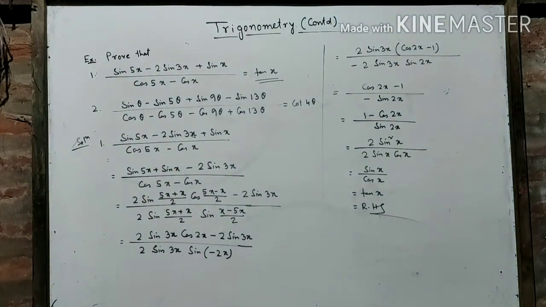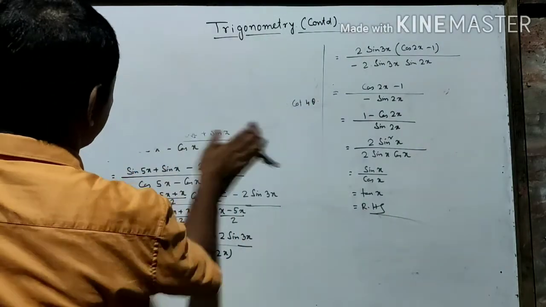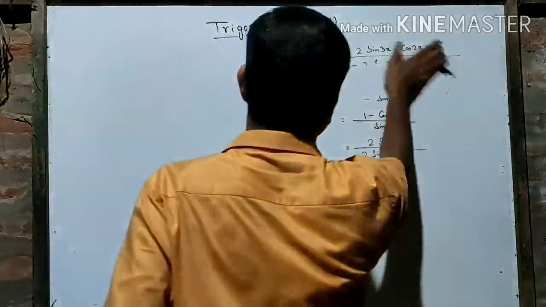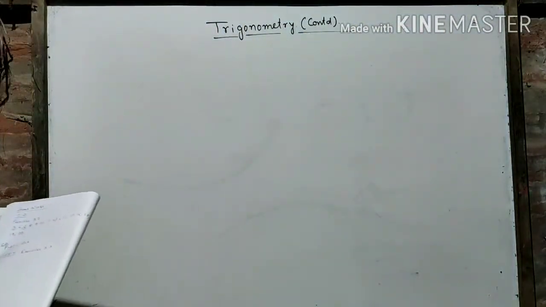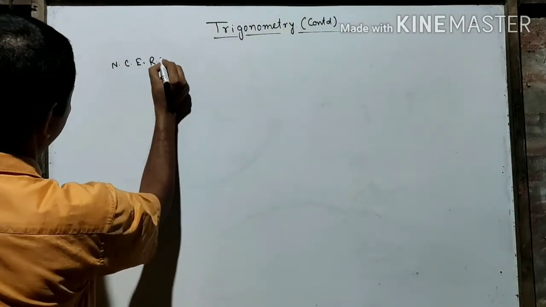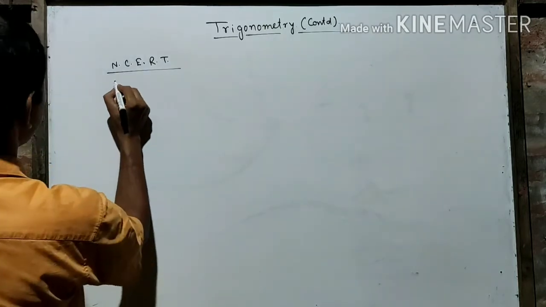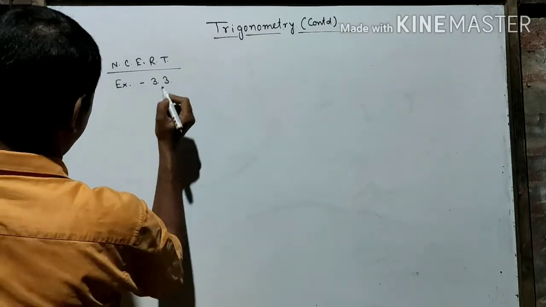Okay, today up to this, and I'm giving you some homework. Try to solve those homeworks. So what are the homeworks? First of all, from your NCERT book, solve all the questions of exercise 3.3.